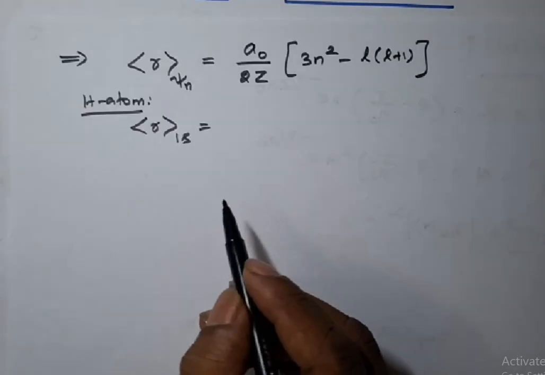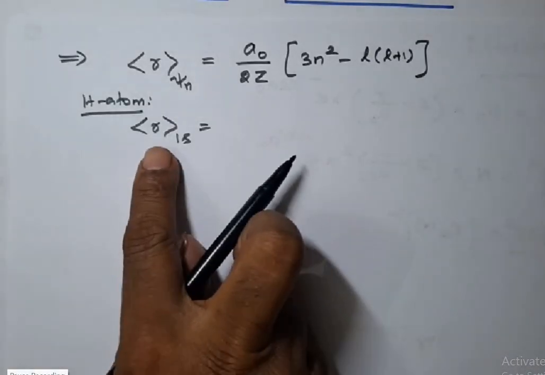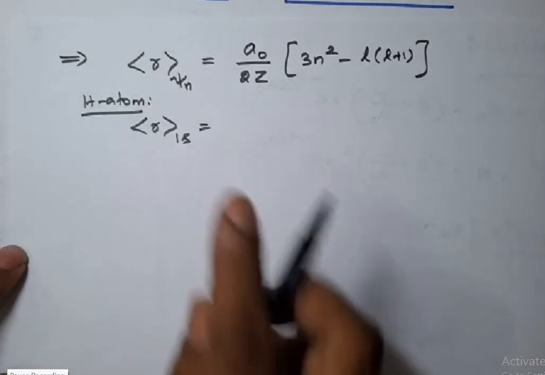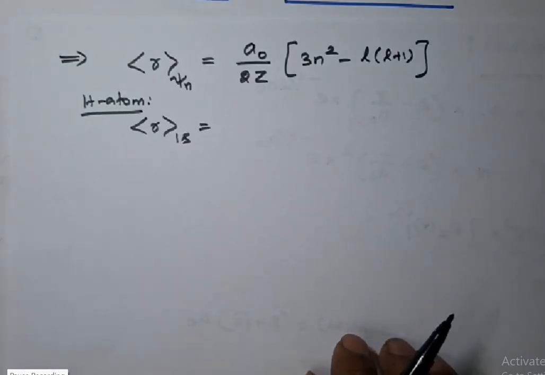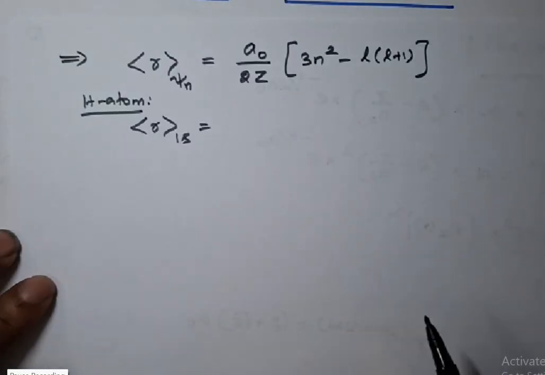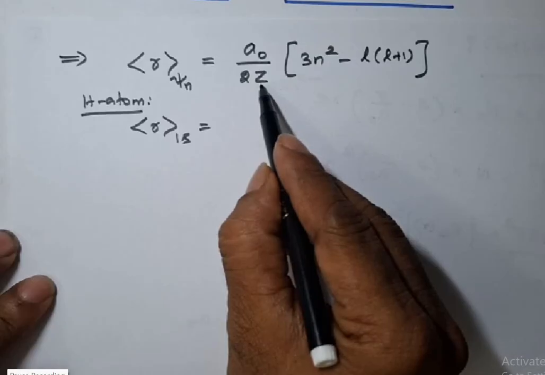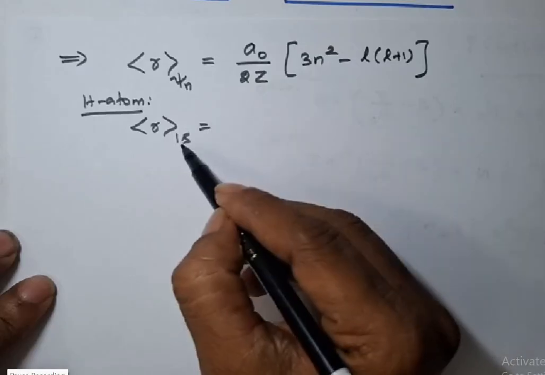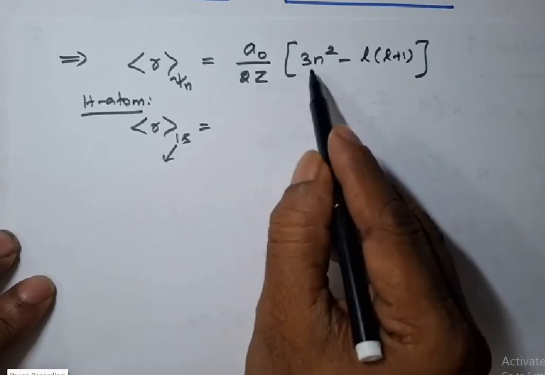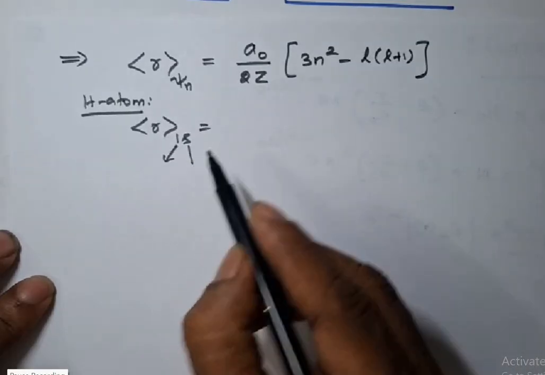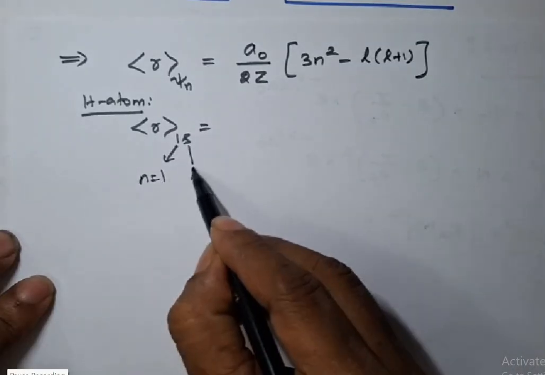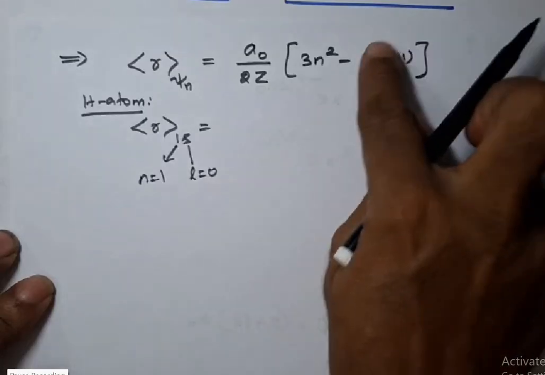Tell me, what is the average value of r for the electron present in the 1s orbital of the hydrogen atom? For hydrogen atom, Z is 1, and the n value is 1, so put n equal to 1. For an s orbital, the l value is 0, so this becomes 0.